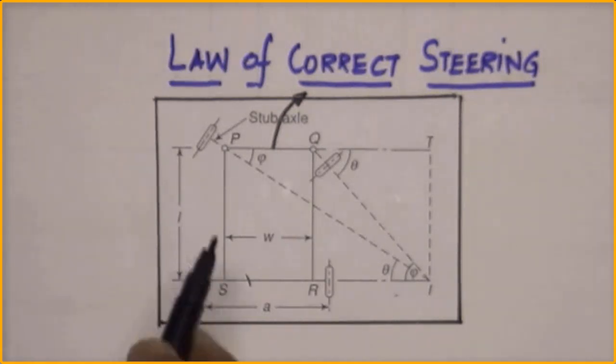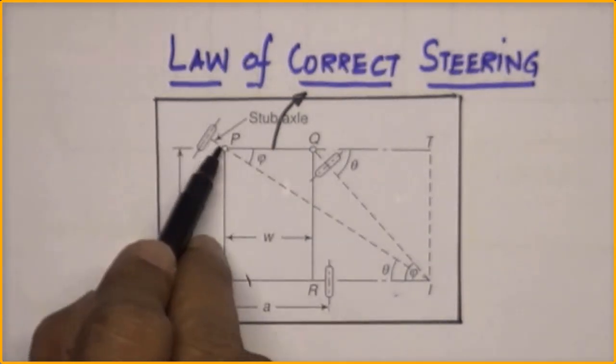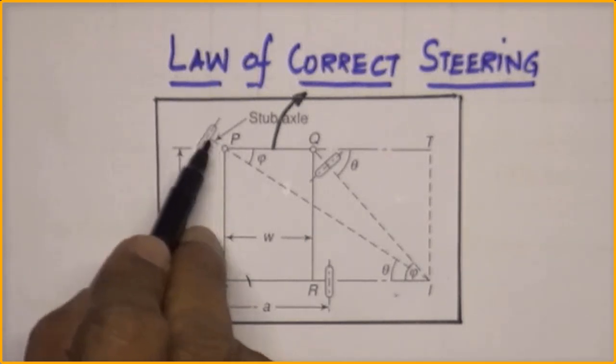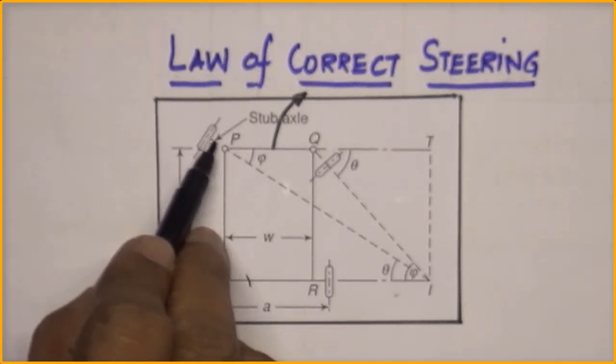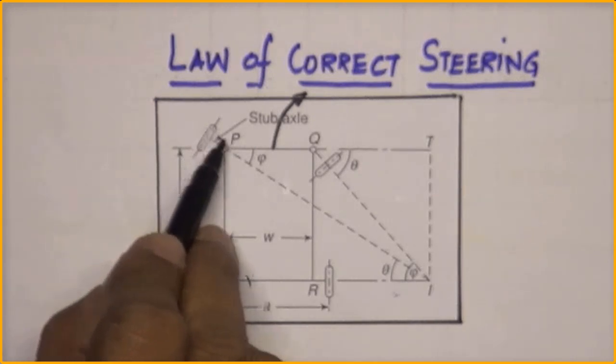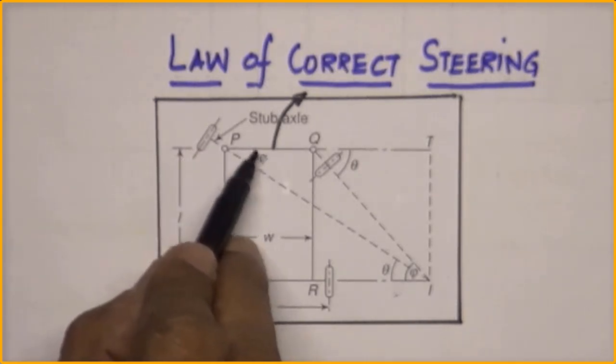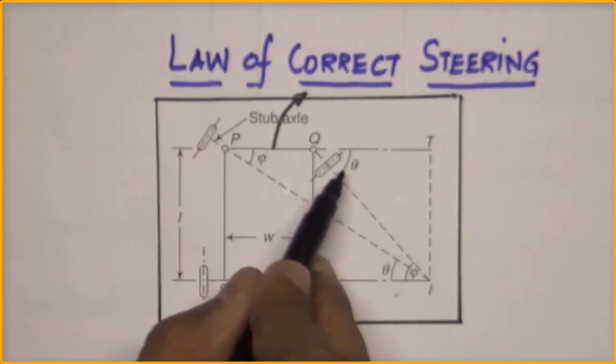At the same time, the outer wheel, which is P, connected by the stub axle passing through this wheel center, will rotate, but the angle of rotation phi will be slightly smaller than angle of rotation theta.